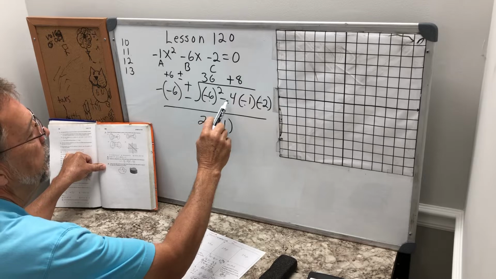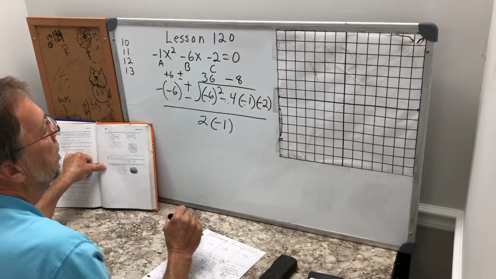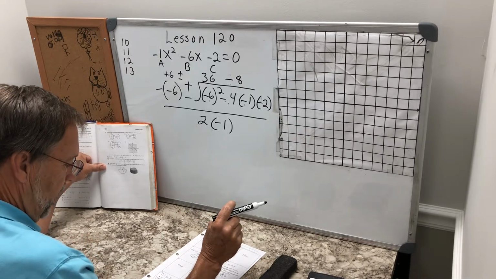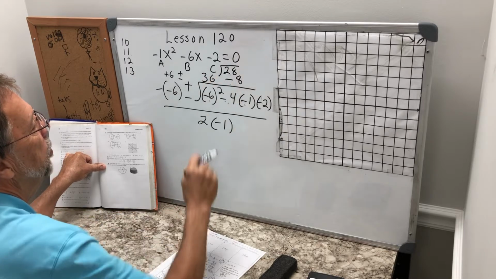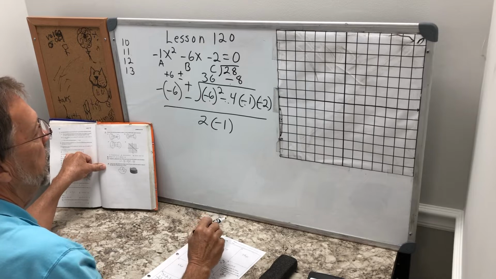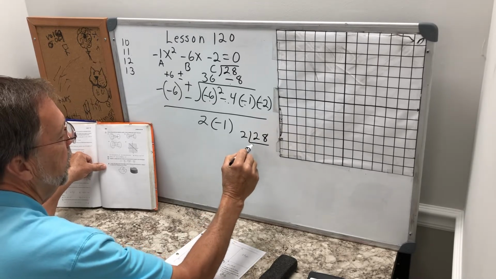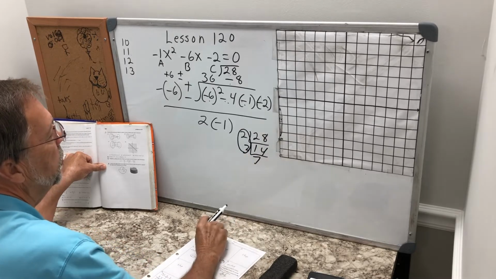I'm sorry, we have 3 negatives. That makes this a negative 8. That's going to leave us with a total of 28. Square root of 28. I think 28 can probably be reduced. Let's see if we can. 28 simplified: 2, 14, 2, and 7. It can be: 2 times the square root of 7.